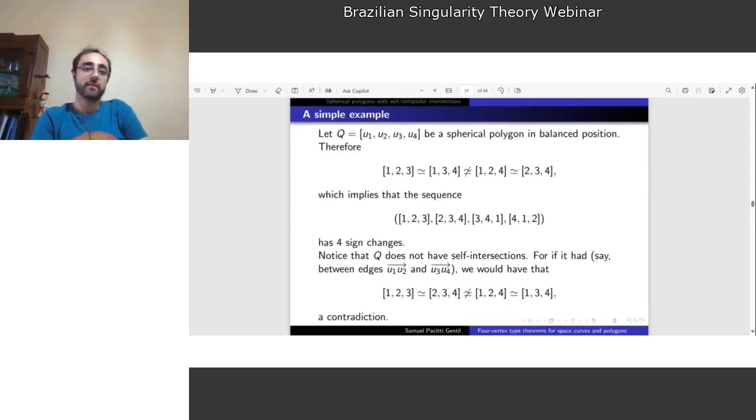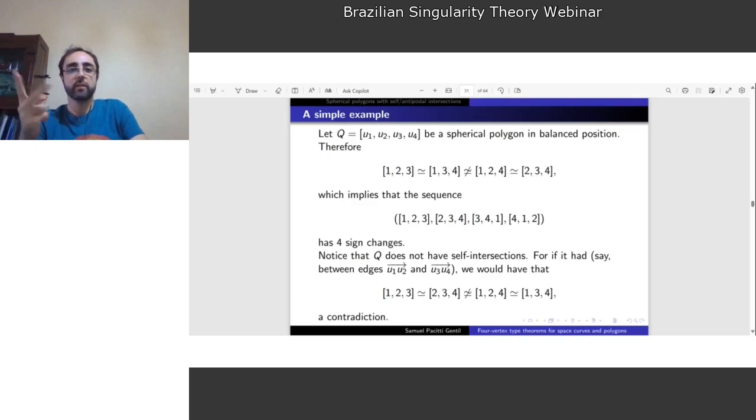Okay, and a simple example of a spherical polygon in balanced position. In this example, we can use these determinantal relations to deduce something about it. If this polygon is in balanced position, then the first proposition, which related the balanced position hypothesis with the determinantal characterization, tells us that this is true.